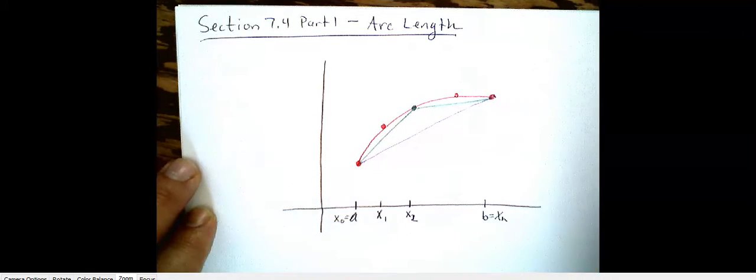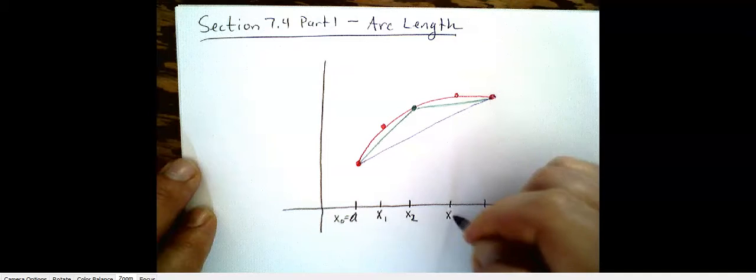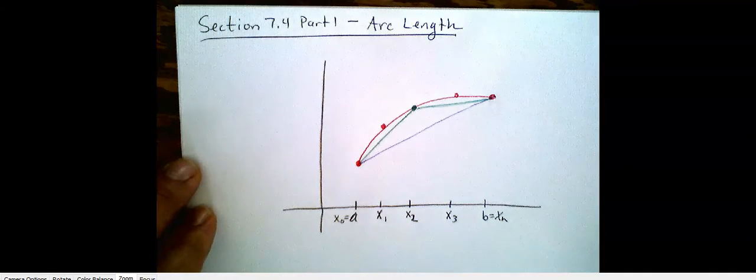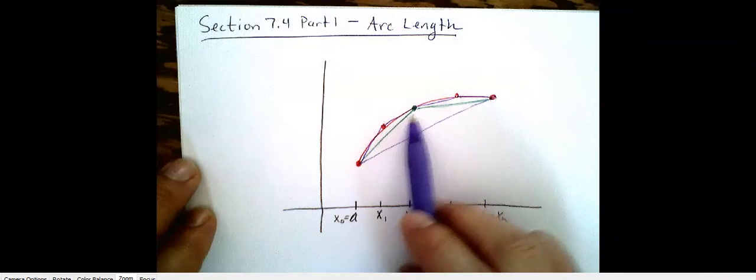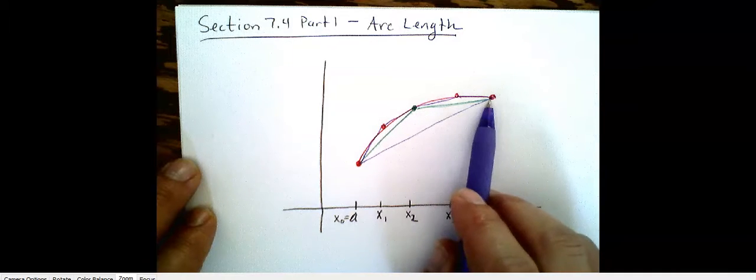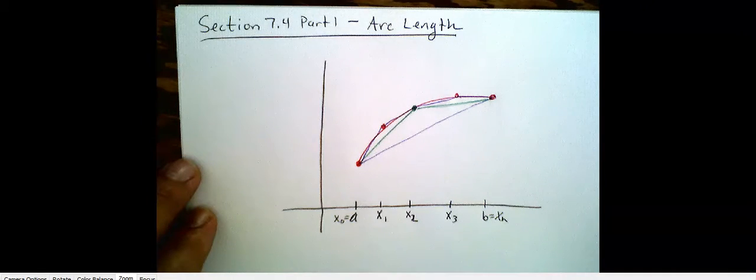Let's redefine this as x2. Say that's x3. Then we approximate using four lines instead. So you can see the more and more that we do, the more it fits the curve that we're trying to calculate the arc length for. So this is our motivation behind the arc length, okay?